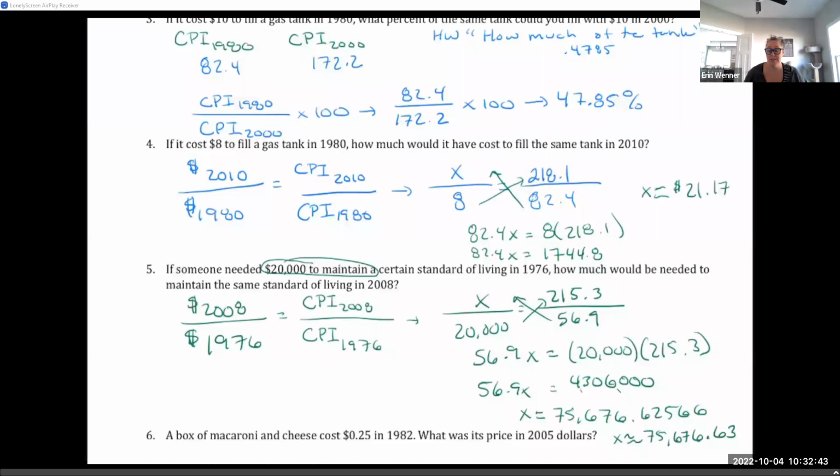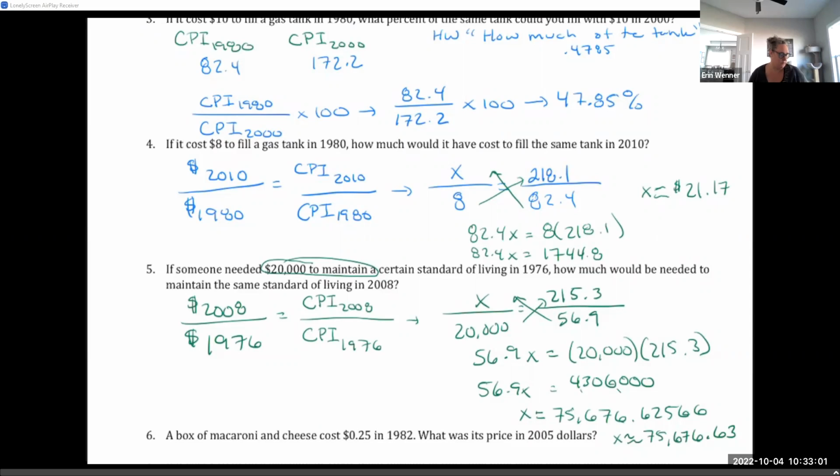Cost of living increases should never be referred to as raises, because that's not what they are. It's just keeping your salary the same so that you can purchase the same Starbucks coffee every day or whatever you choose to spend your money on. I obviously buy a lot of Starbucks.